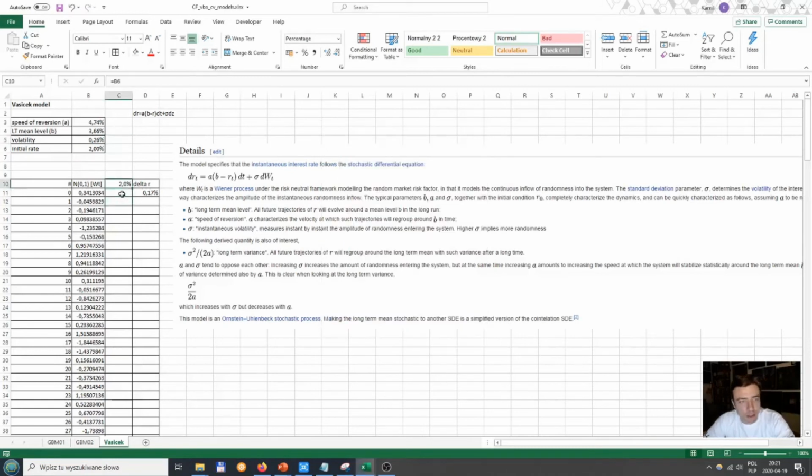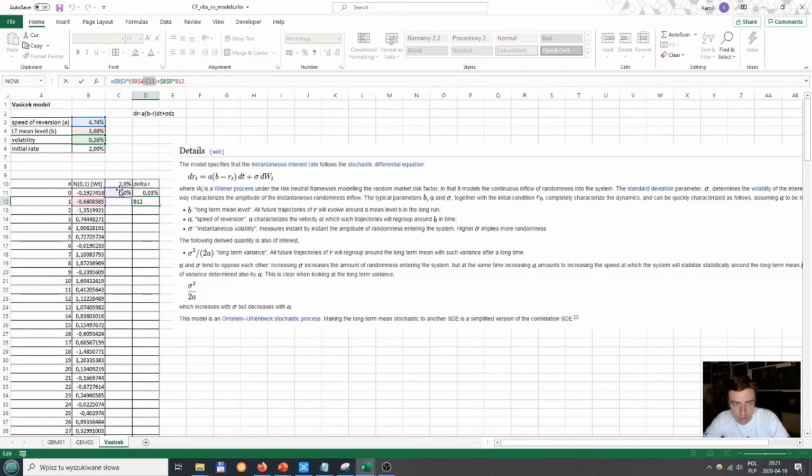So if my initial rate is equal to 2%, and if I have my change calculated here, then interest rate in the next period would be equal to this previous plus the change. And again, now the change would be based on the newest observation we have. So I just copied the formula, and now r_t is taken from my period number 0 after I begin my simulation.